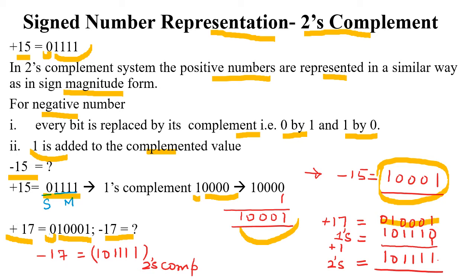Find its ones complement. 1 by 0 and 0 by 1, it is equivalent to 101110. Add 1 to it, so it will give 0 plus 1, 1. Then you have 3 ones, 0 and 1. So the 2's complement value is 1, 0 and 4 ones. So minus 17 is equivalent to 101111.